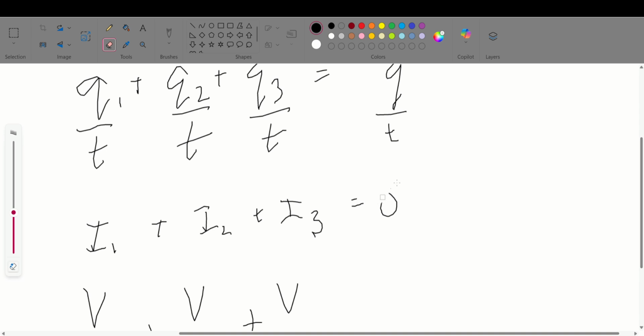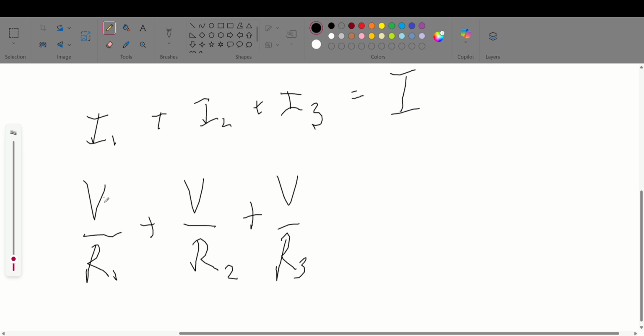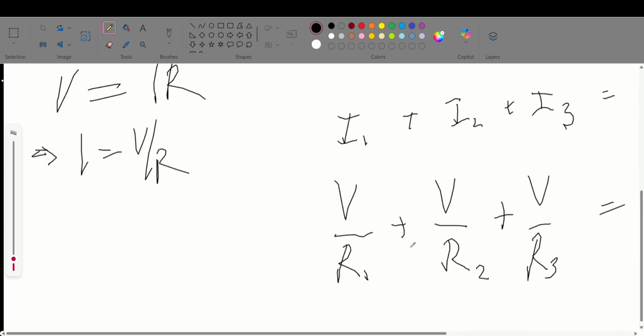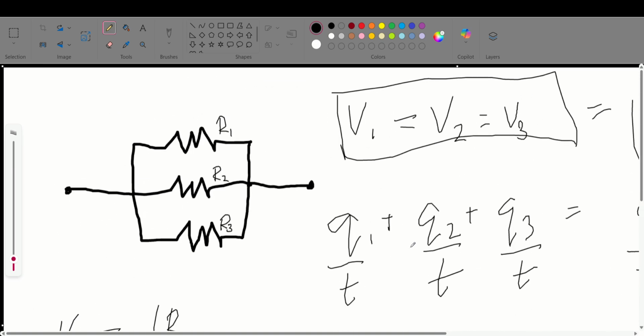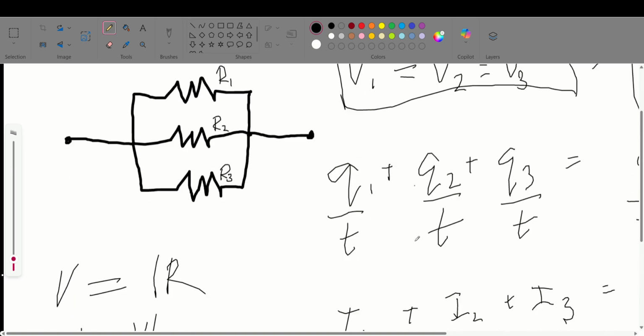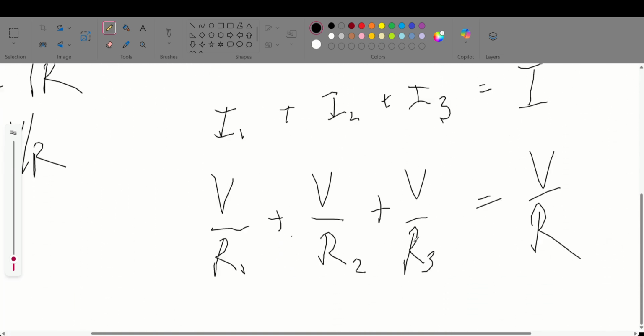I made a very big mistake, I'm sorry. This should be I. So here V by R1 plus V by R2 plus V by R3 is going to be equal to V by R. Here R is the combined resistance of all three resistors. R is what we are trying to calculate.